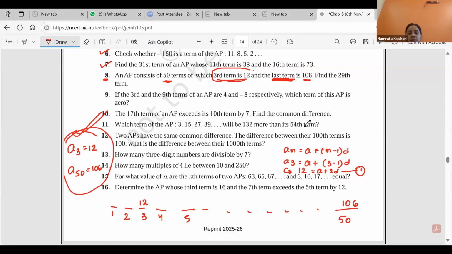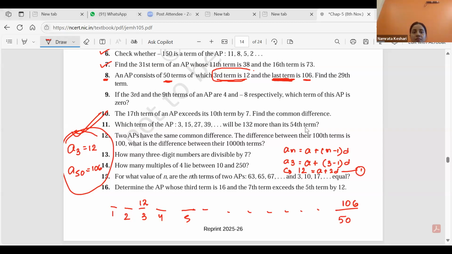Yes, miss. Please solve it and tell me the A and the D value. And anyone who is not getting it, please let me know. Does everyone understand? Sarah, are you getting it? Yes, ma'am.